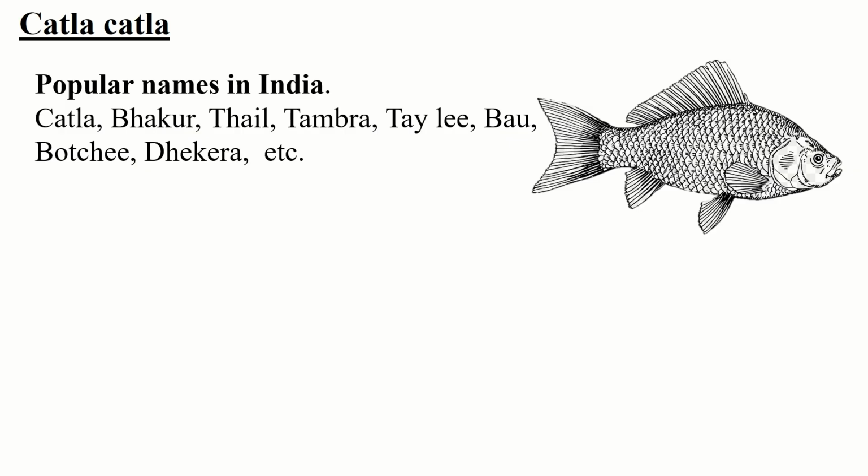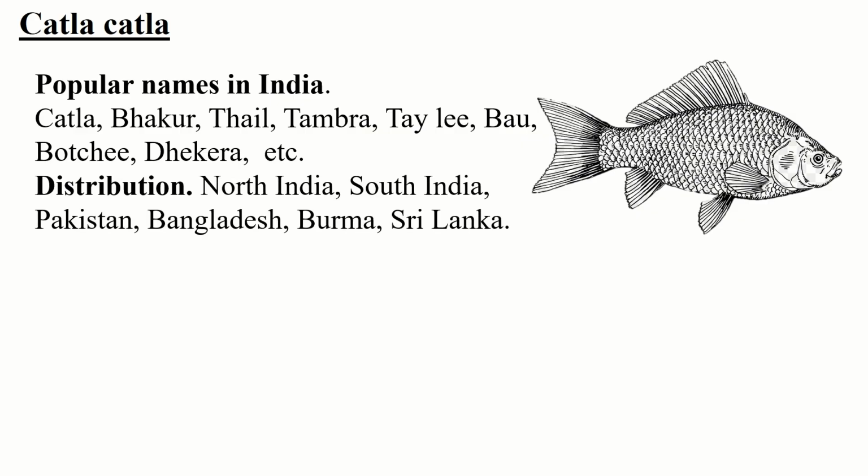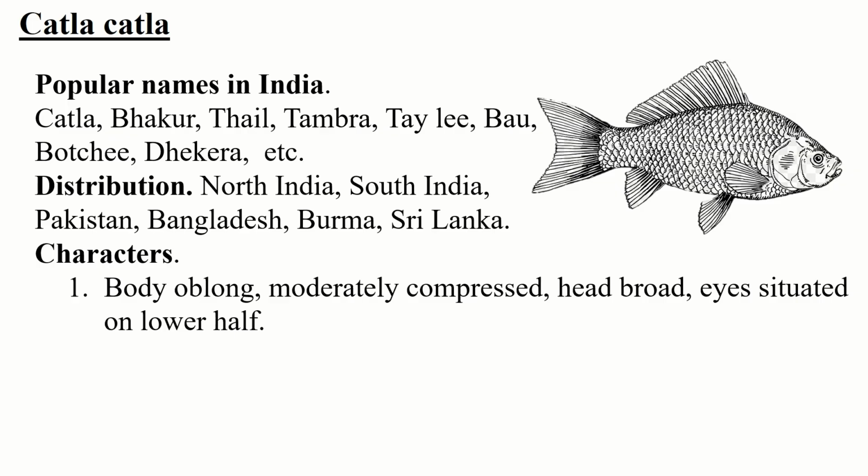Catla is distributed in North India, South India, Pakistan, Bangladesh, Burma, and Sri Lanka. Some major characteristics of this fish species, which is very popular in Indian rivers, ponds and lakes: the body of Catla is oblong, moderately compressed, head broad, eyes situated on the lower half.